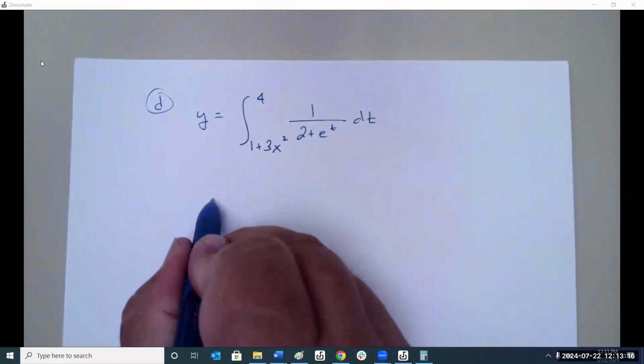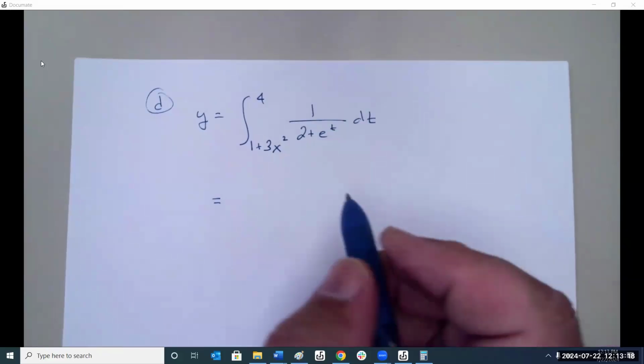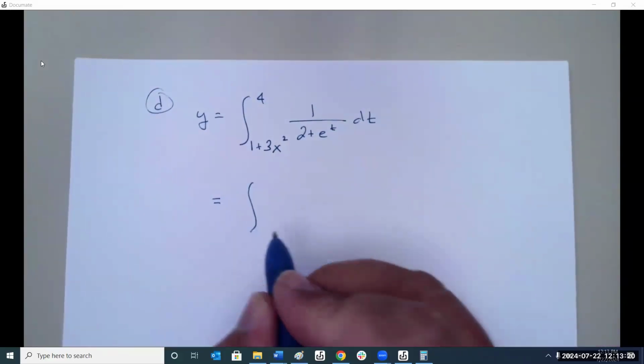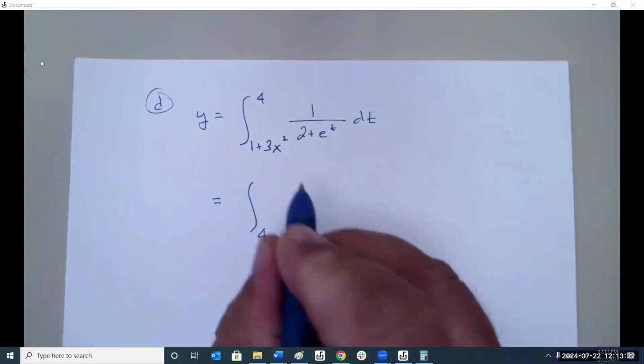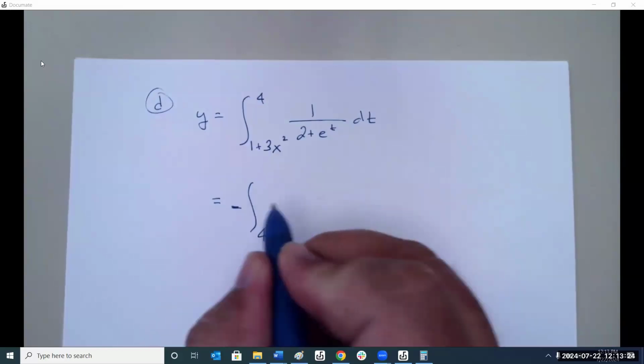So the first thing we've got to do is flip those two. When we do that, we've got to put a negative out in front.